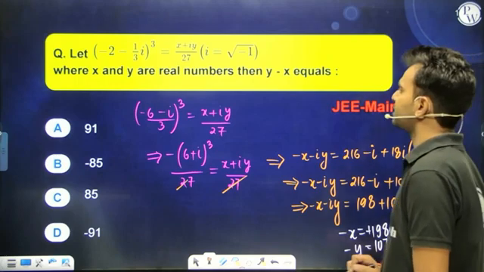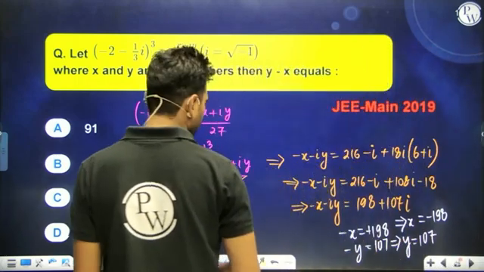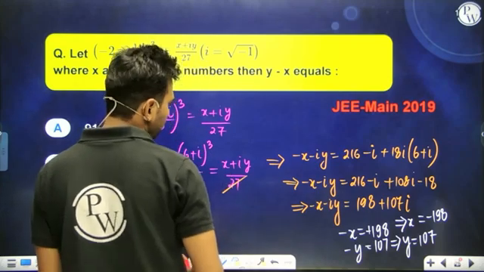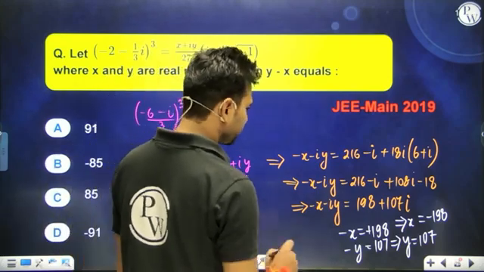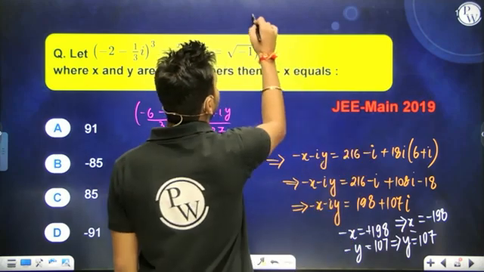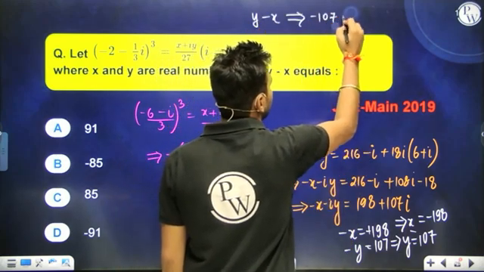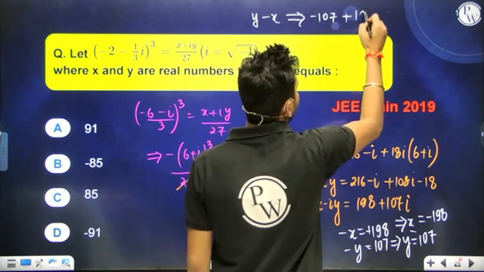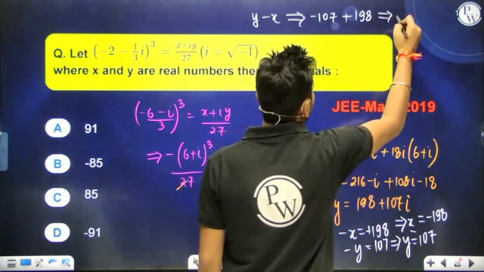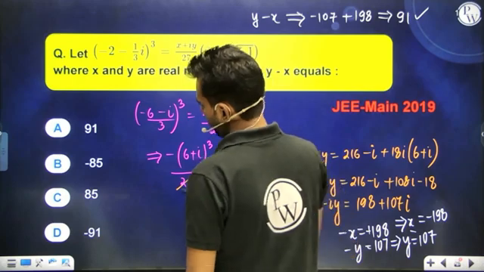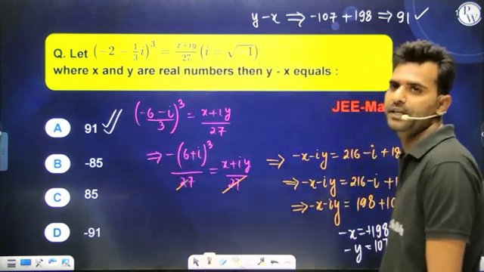Now the question is asking you the value of y minus x. So the value of y minus x is going to be plus 198. So that is going to be 91, I guess. Yes. So 91, that is option A, has to be the correct answer.